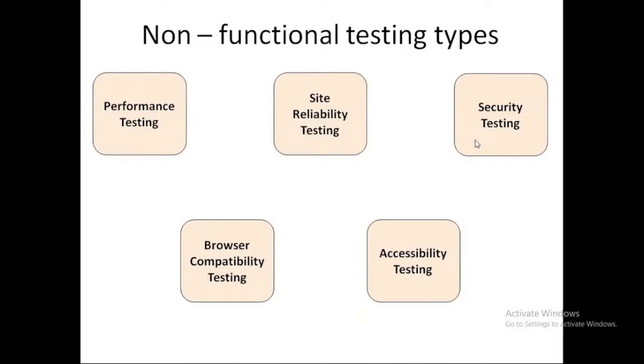Okay. So if someone tells that I'm a non-functional test engineer, he or she might be aware of 2 or 3 types of testing among these categories, or one type of testing also, maybe not an issue, but they do not do functional testing.